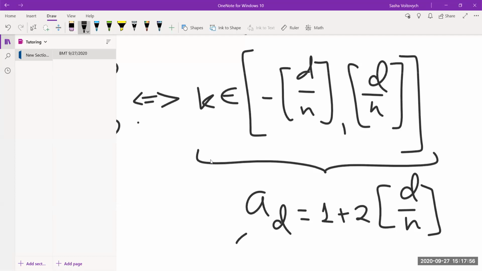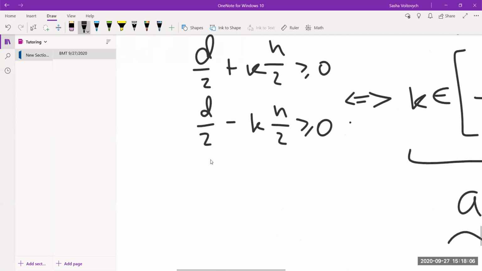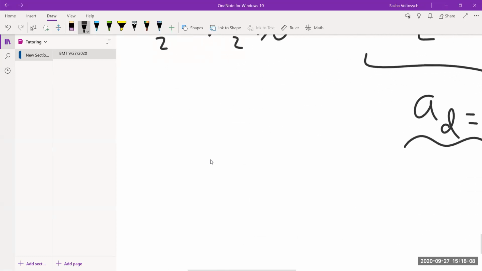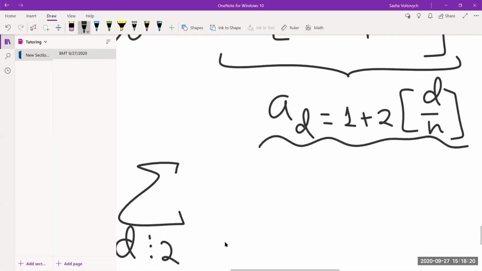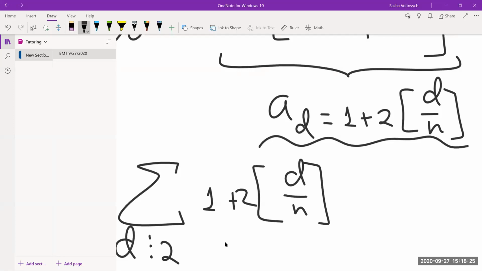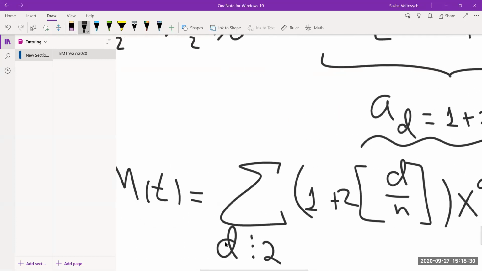Now we have figured out A_D, which means that we know our generating function M of t, which is the sum for D even of 1 plus 2 floor of D over n, times x to the power of D.